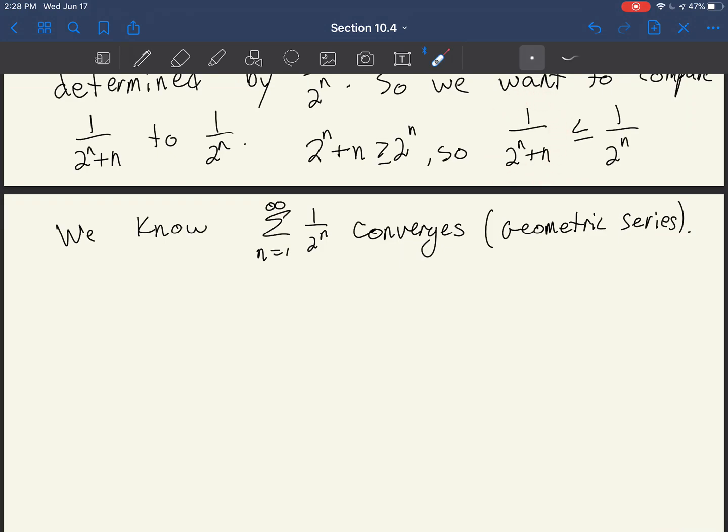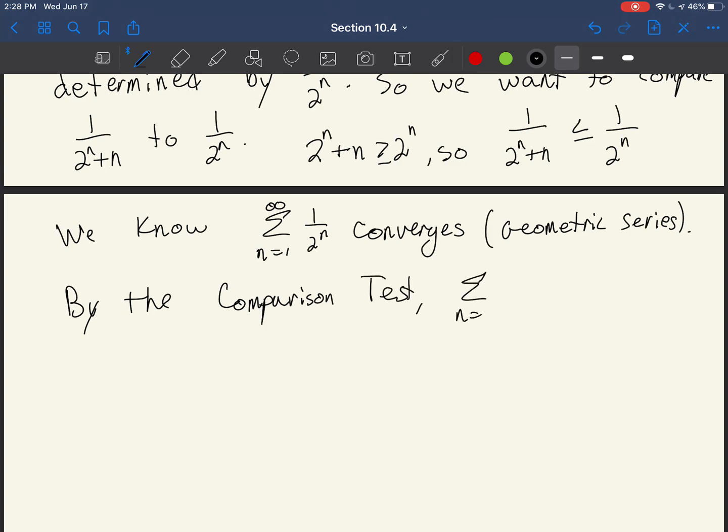Cool, so our sequence that we're interested in is bounded above by something that converges, so this must also converge. So by the comparison test, the summation from n equals 1 to infinity of 1 over 2 to the n plus n converges also.